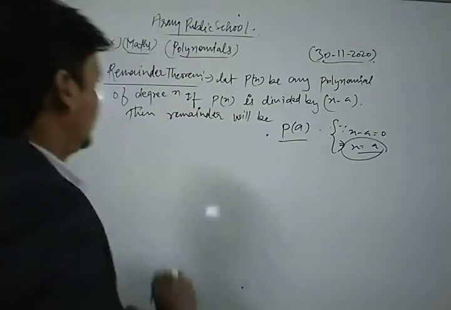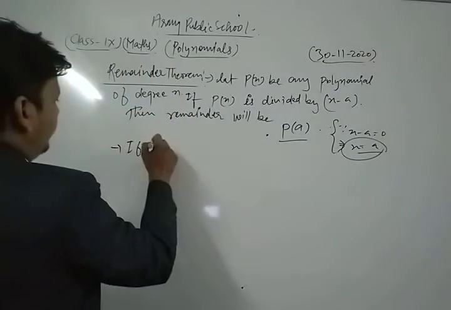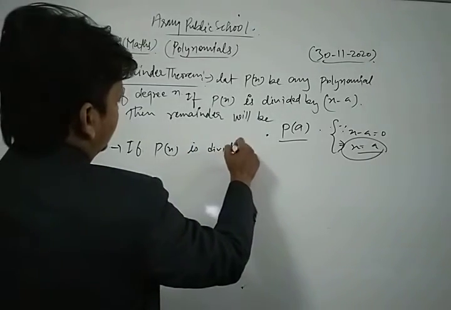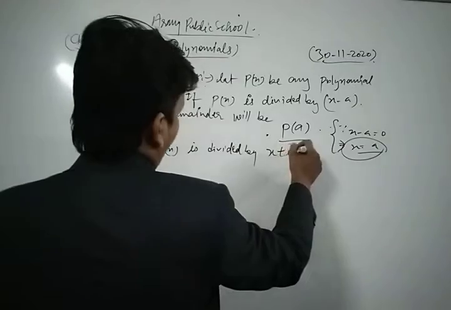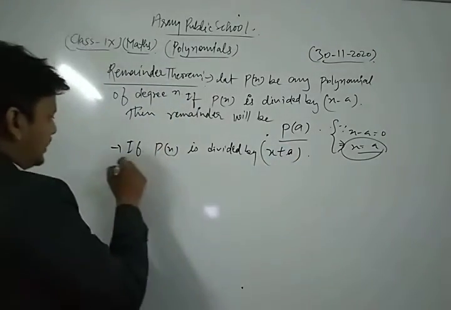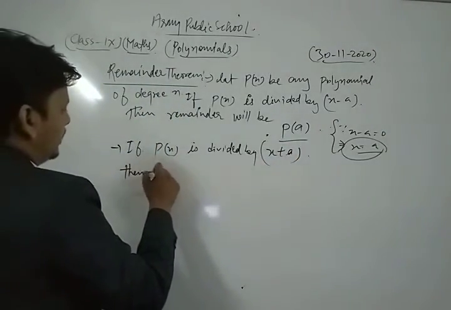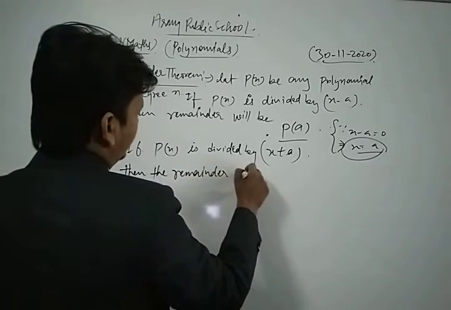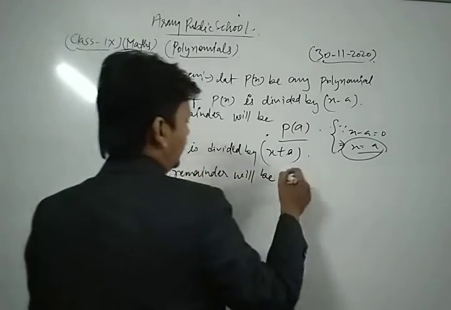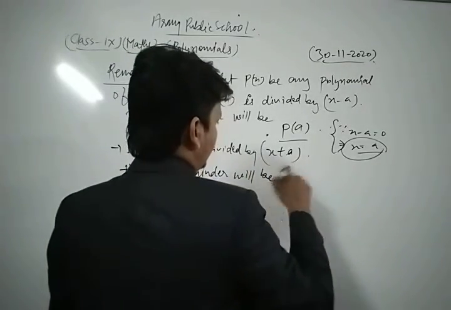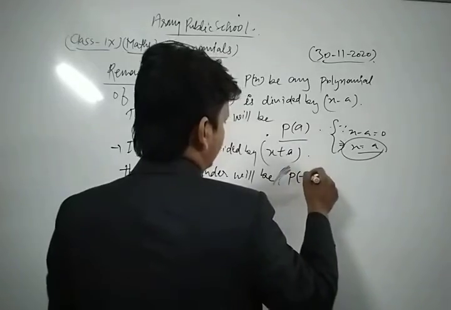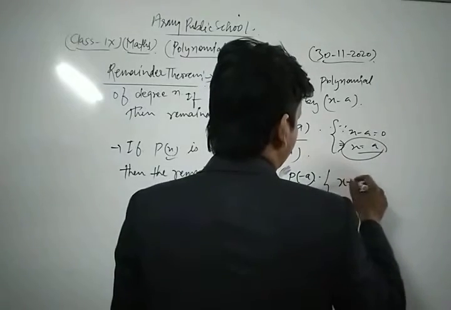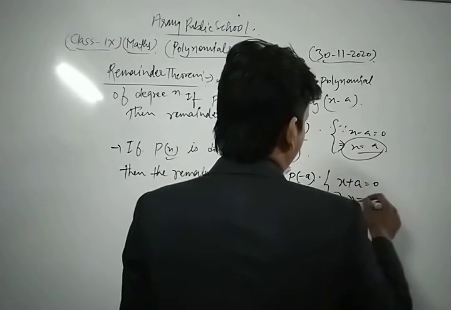Dear students, if the given polynomial P(x) is divided by x plus a, then the remainder will be P(minus a). P(minus a) means we first take x plus a equal to 0, then x is equal to minus a, and we replace x by minus a.